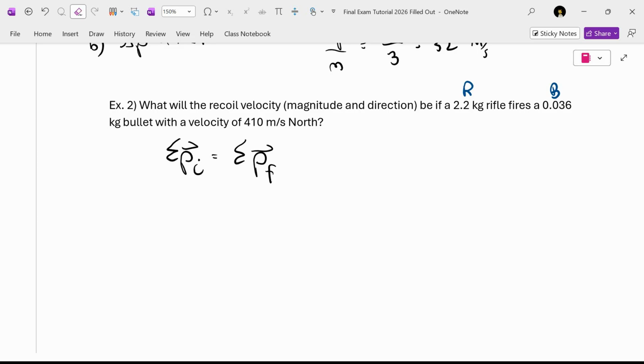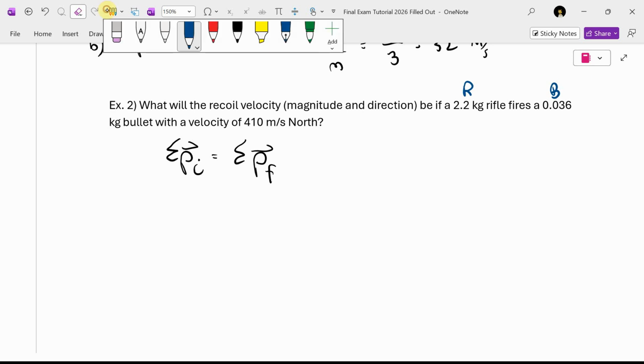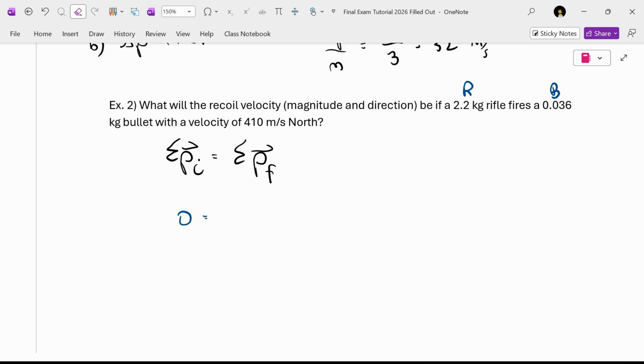So here's my rifle analog. Before I pull the trigger, what's moving? The rifle, the bullet, both, or neither? Be stupid obvious. Neither. So what's my initial momentum? After I pull the trigger, what will be moving? Well, definitely the bullet, and it wants me to find the recoil velocity, which does have to be there because forces come in pairs.